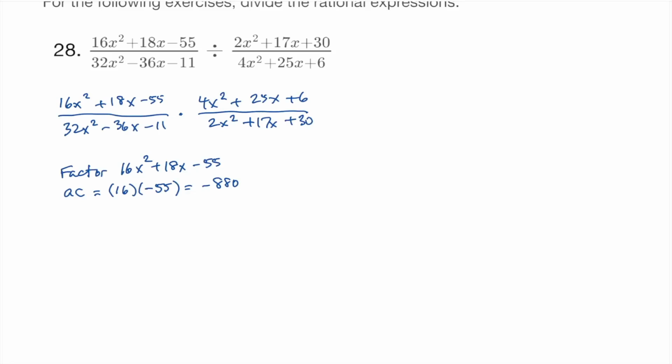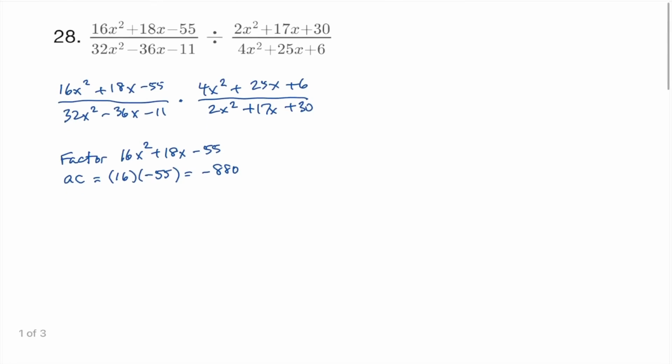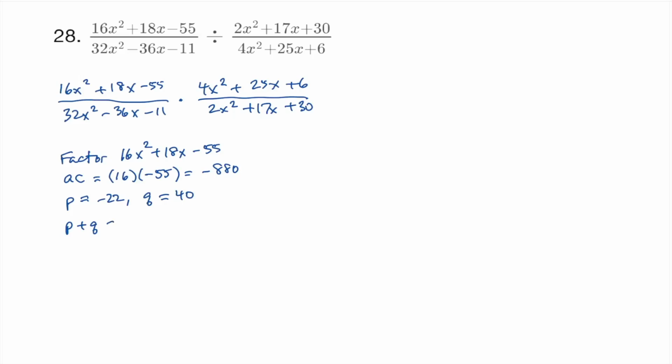I used the calculator to find the factors of minus 880 until I found a pair that added up to positive 18. What I found was P is minus 22 and Q is 40. So P plus Q is 18 and P times Q is minus 880.